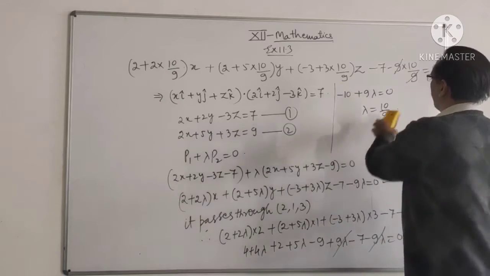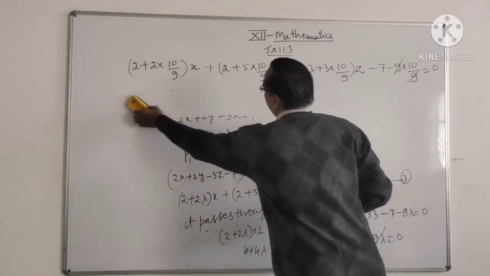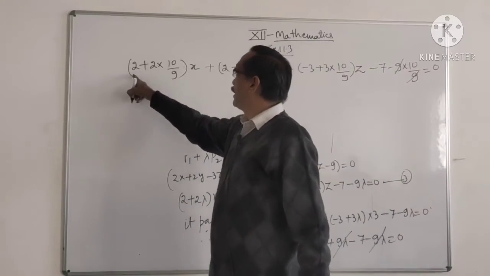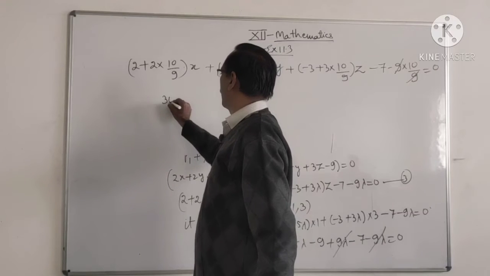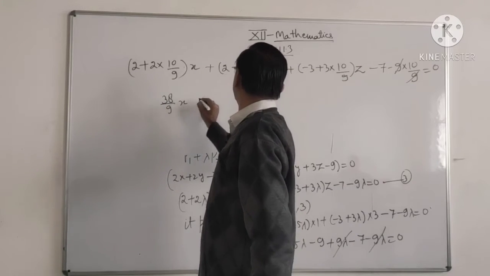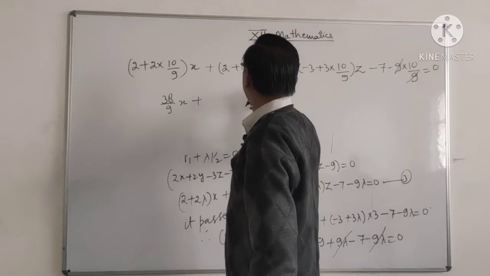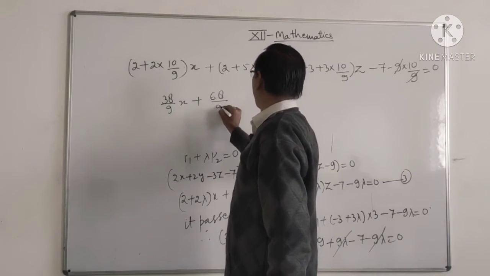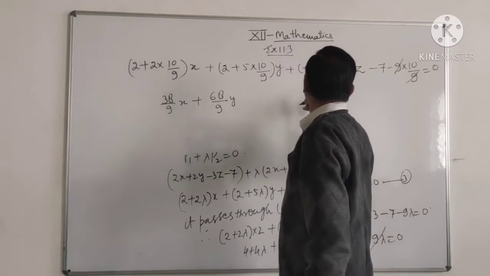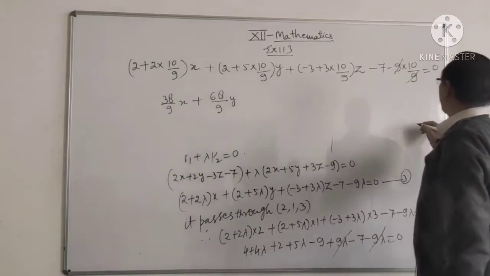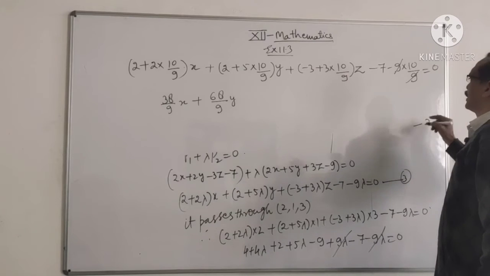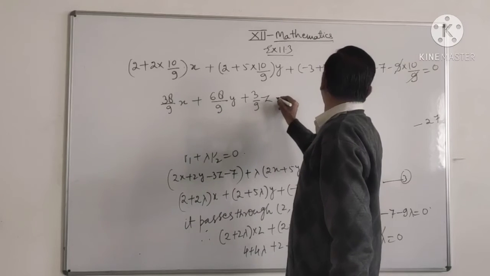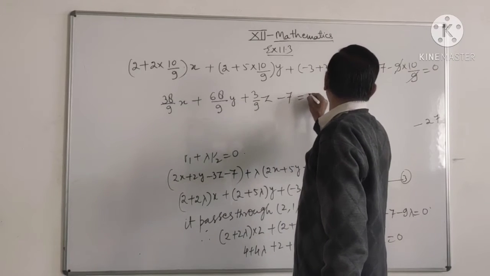Is cancelled. Then it is 18 plus 20, 38 upon 9 x plus 18 plus 50 is 68 upon 9 y plus minus 27 plus 30 is 3 upon 9 into z minus 7 equal to 0.